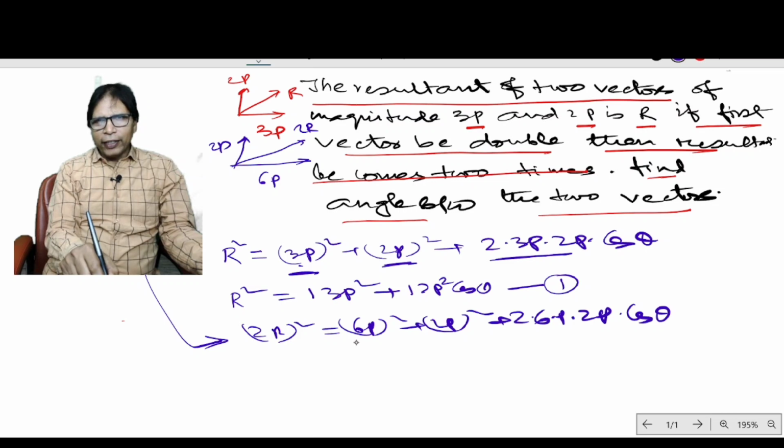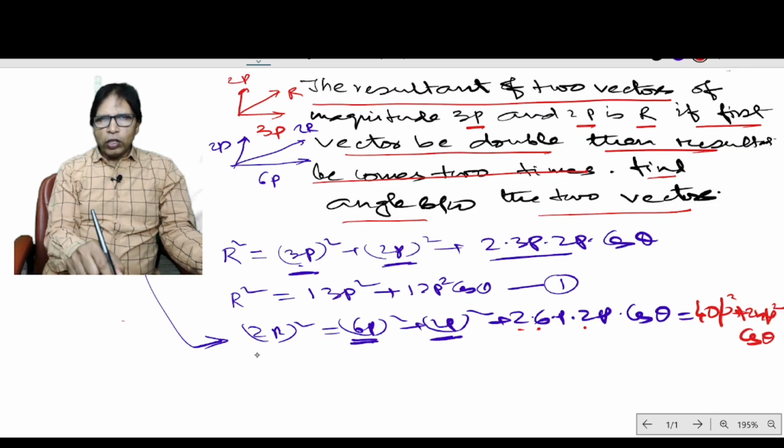Now 36p square plus 4p square, so this is 40p square, plus 6 into 2 is 12, 12 into 2 is 24, so 24p square cos theta. So this is 4r square: 4r square equals 40p square plus 24p square cos theta.